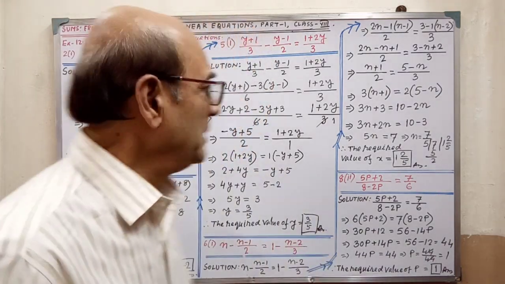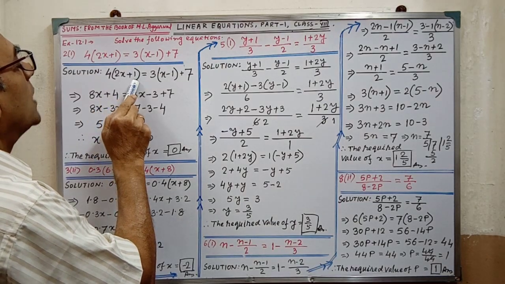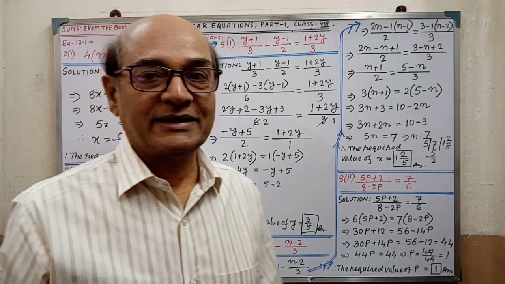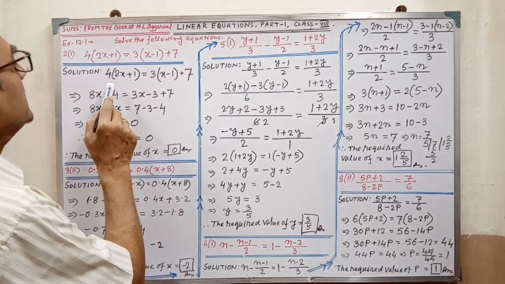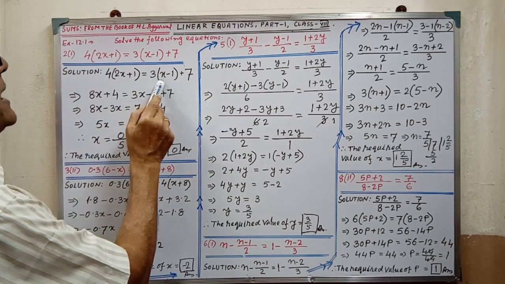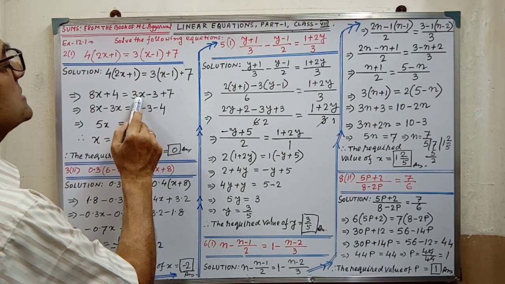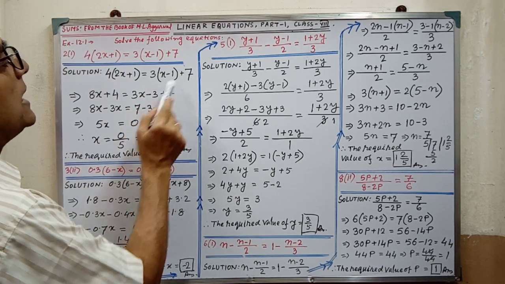I have seen many of you are multiplying only by 2x but not by 1. You must notice attentively. You have to multiply by both terms, that is 8x, and by multiplying 1 it will be 4. Here also same thing, 3 into x, 3x, and 3 into minus 1, that is minus 3, and plus 7.